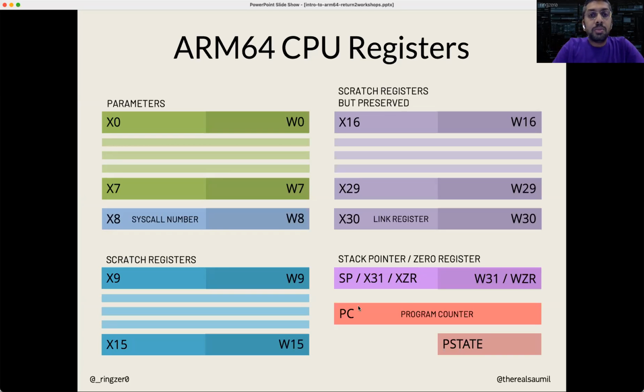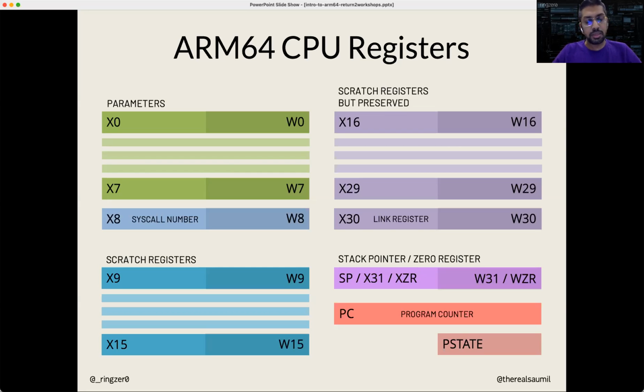Now I want to talk about what these W0 through W31 are. The X registers are D words, double words, 64 bits. The W registers are subsets of these main registers. That is like a word subset. So if you look at X0, it'll give you a full 64-bit value. W0 will only give you the lowest 32 bits in that register.